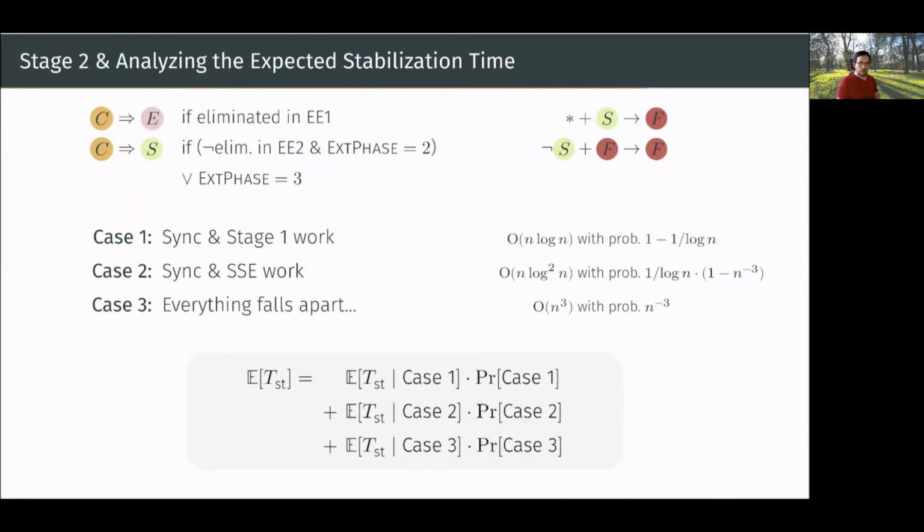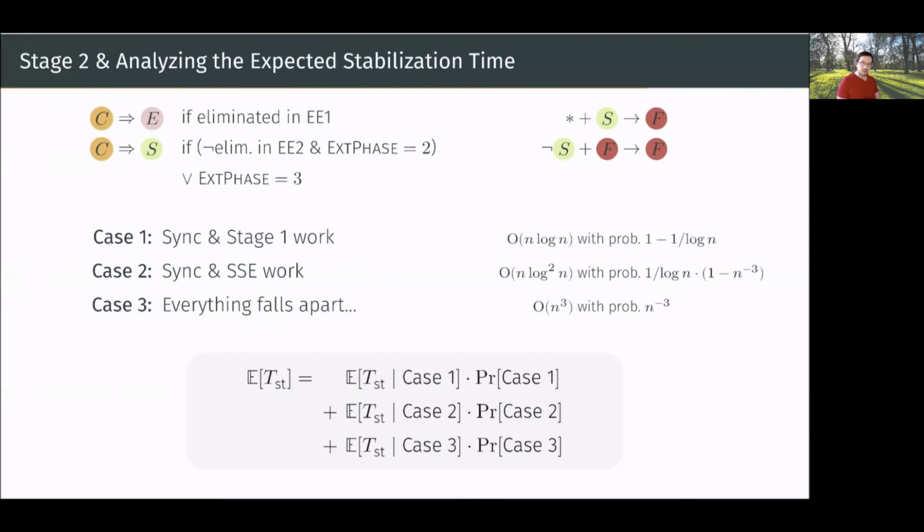So in stage 2, there is a protocol which we call slow stable elimination, and here you see the corresponding transitions. It's not important now how they look, but this protocol is responsible for defining who will survive, who can still survive, and who is out of this leader election tournament.